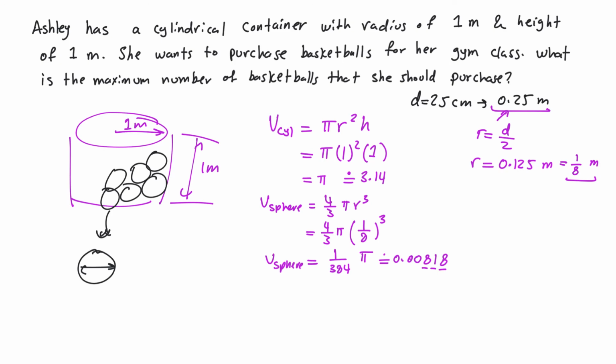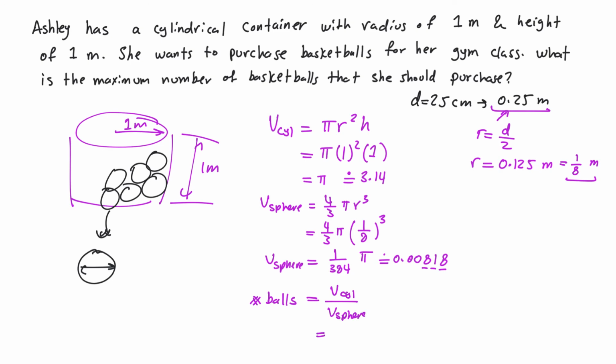So to find the total number of basketballs, it would equal the volume of the cylinder divided by the volume of the sphere.